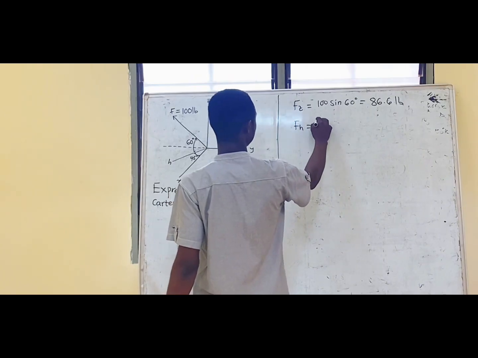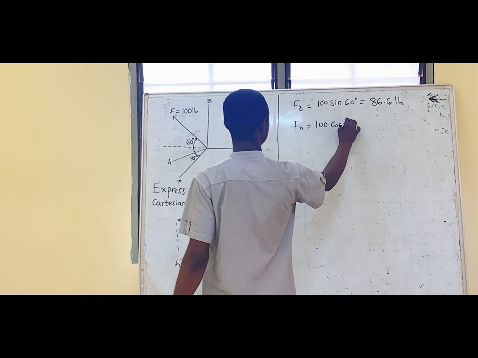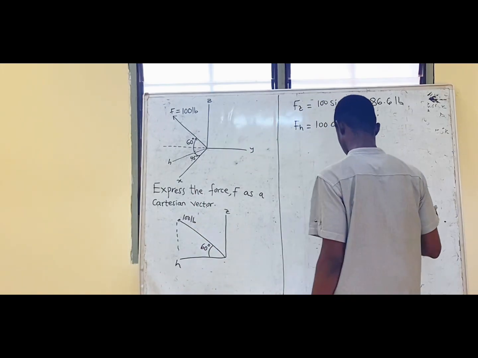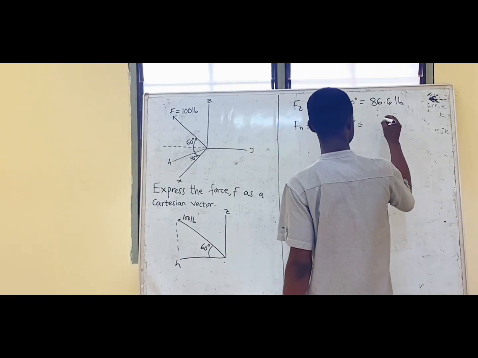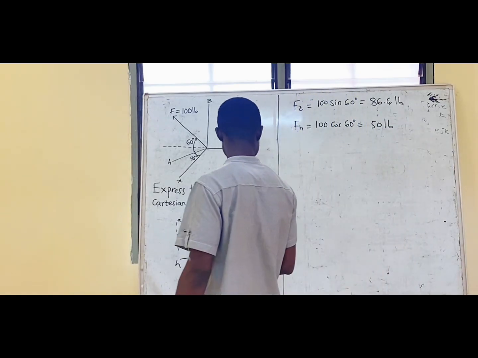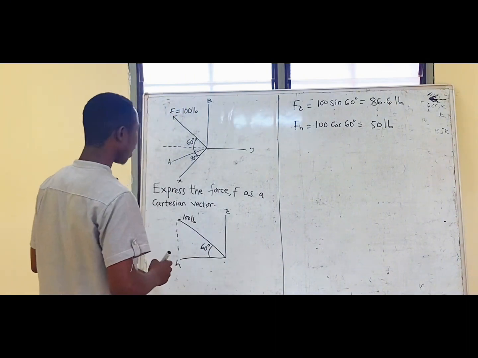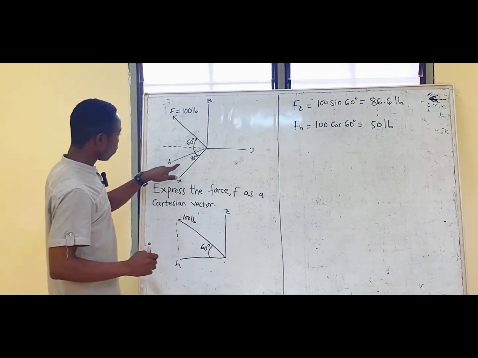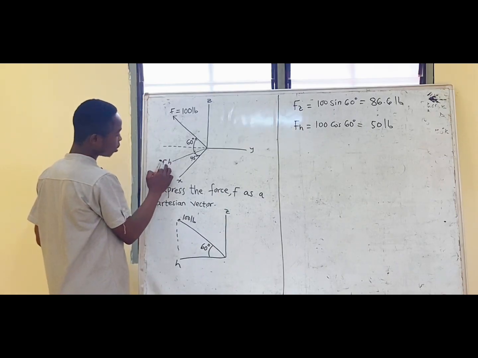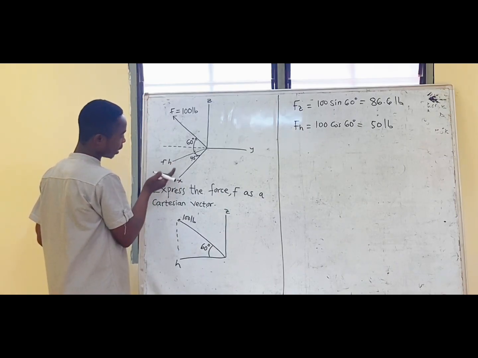Very good. Now let's come to our Fh. Fh will be equal to 100 cos 60 degrees. So this will give us 50 pounds. Very good. Now that we've been able to calculate our H component, you realize that the H component lies between the X and the what?